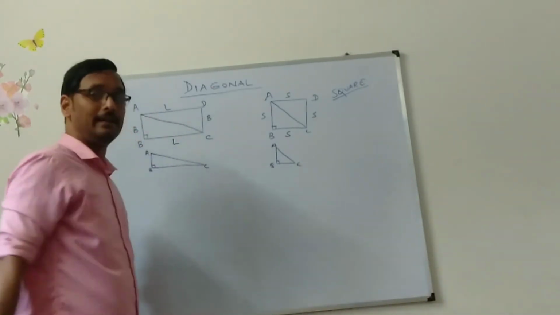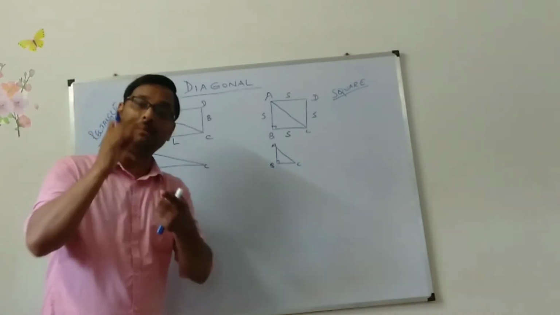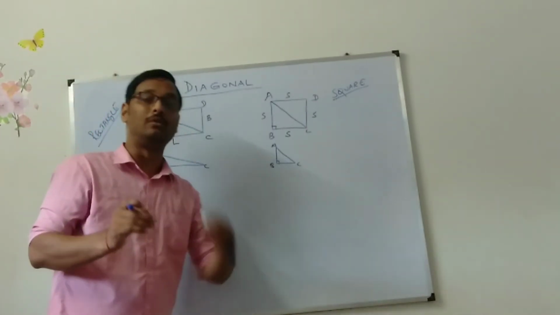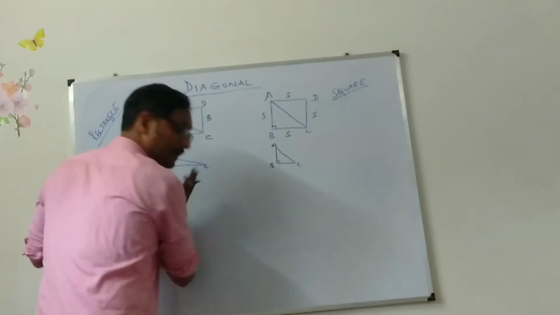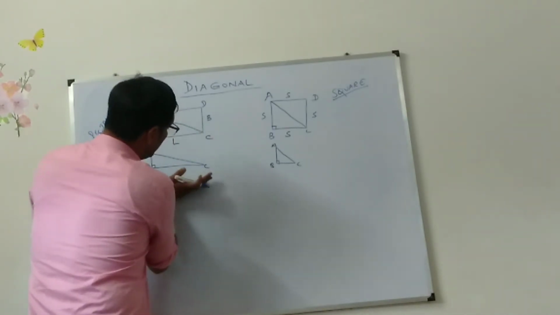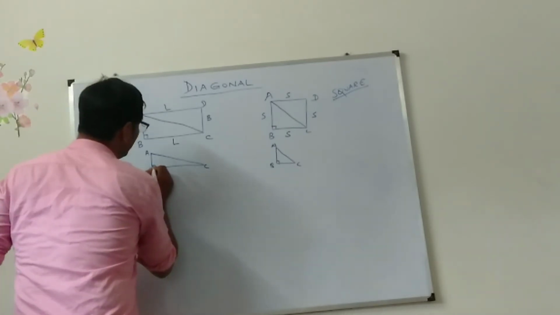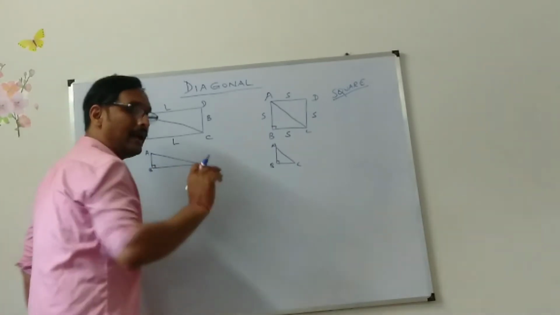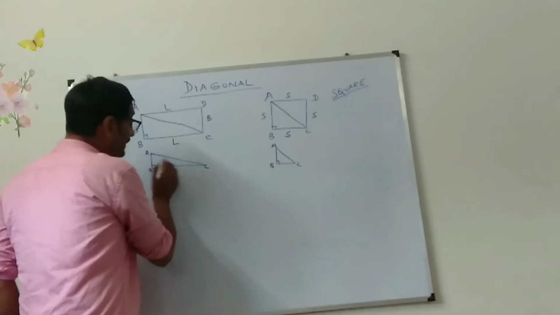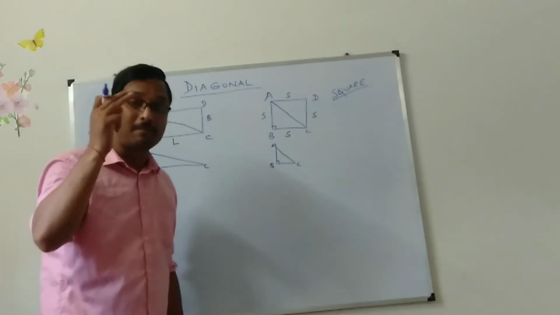Wherever there is 90 degrees, over there will be one base and one perpendicular. If you look from this side, this is the base, and over here it makes 90 degrees.